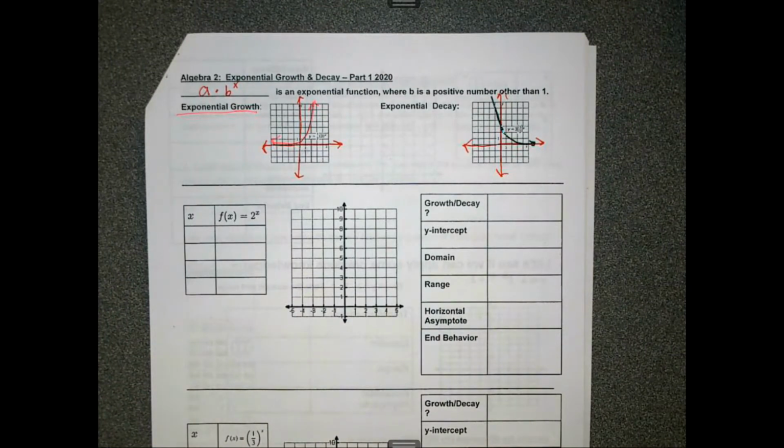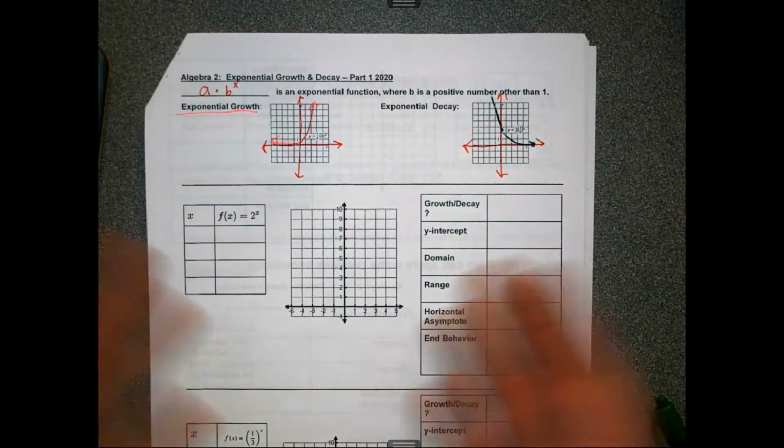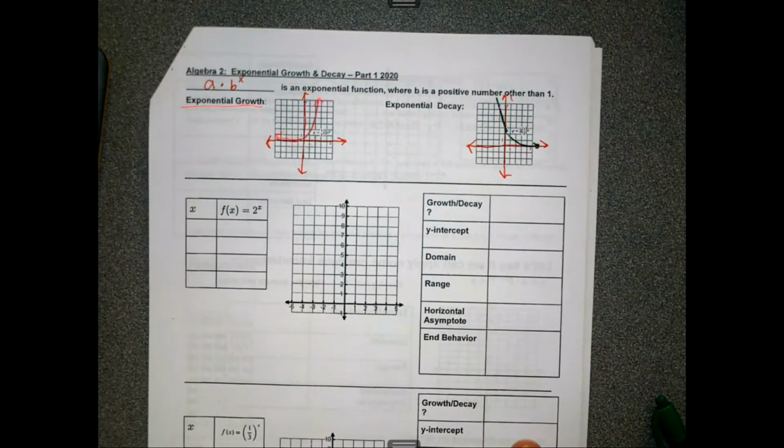So we're going to do this now. We just did analyzing graphs last Wednesday, right? Because you guys had like 3 months off, right? Okay, so last Wednesday we did analyzing graphs. Well, that's what we're going to apply to the growth and decay graphs.